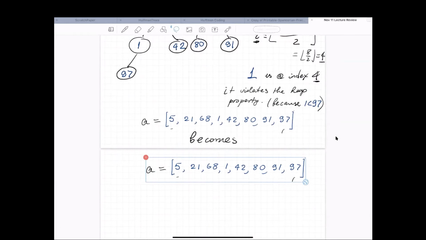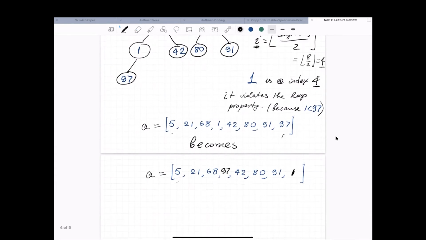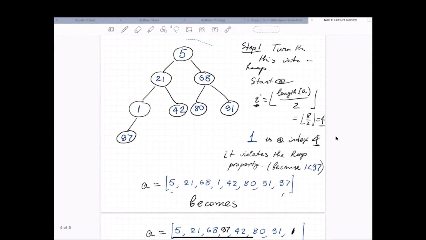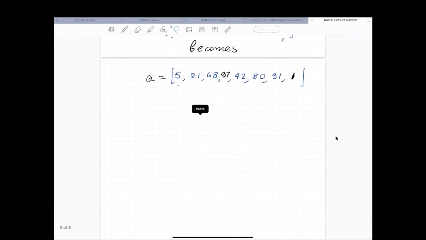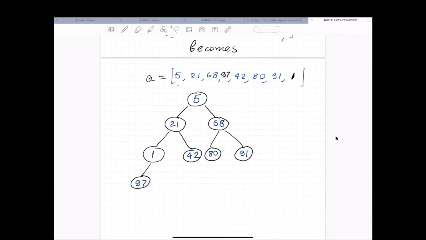I exchange 97 with 1. So 97 goes here, and 1 goes here. You first exchange, because you're restoring the heap property. So now the heap becomes 97 here, and 1 here.